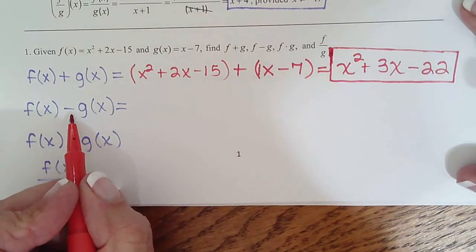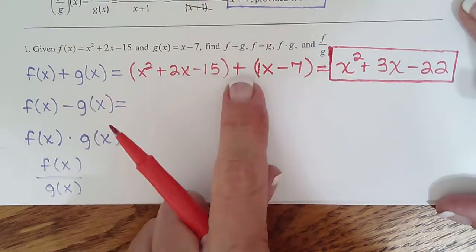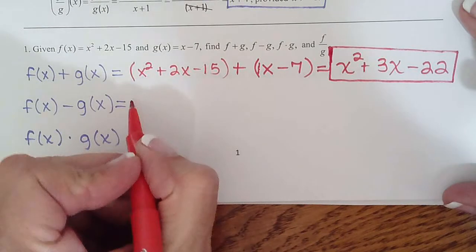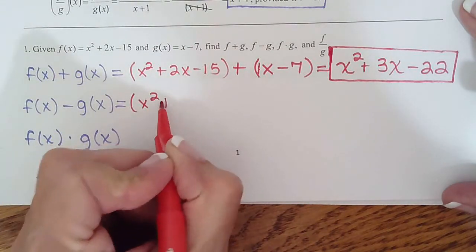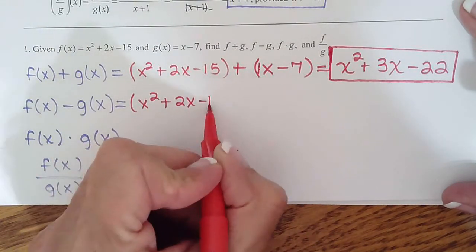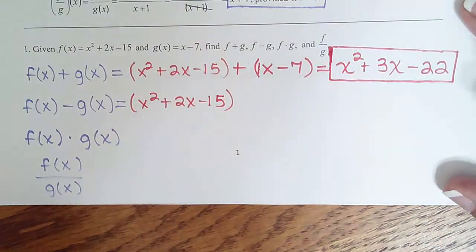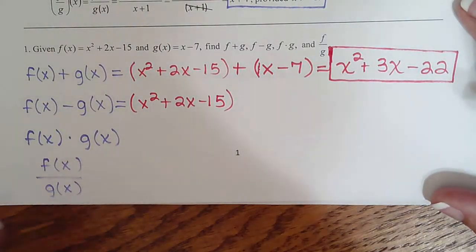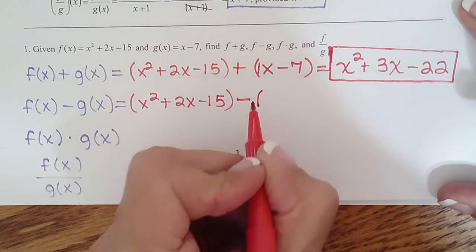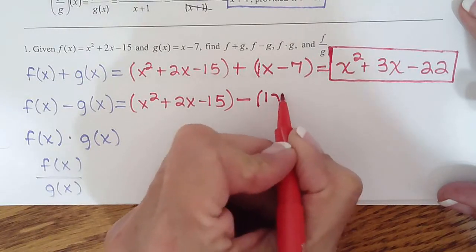So this one, we're going to do the exact same thing, but we're going to have a minus sign there. So x squared plus 2x minus 15, and then minus 1x minus 7.